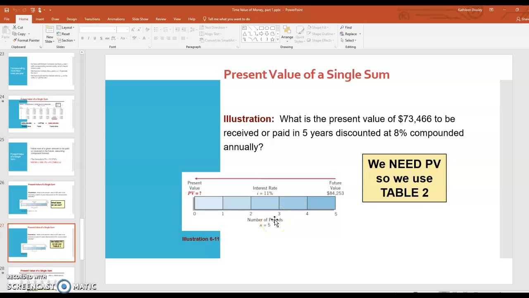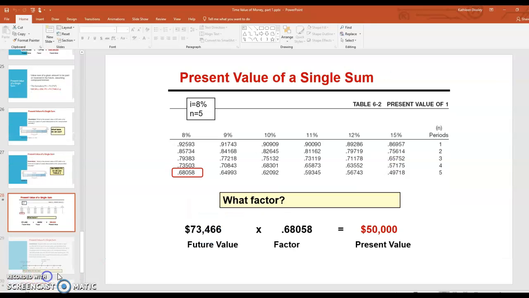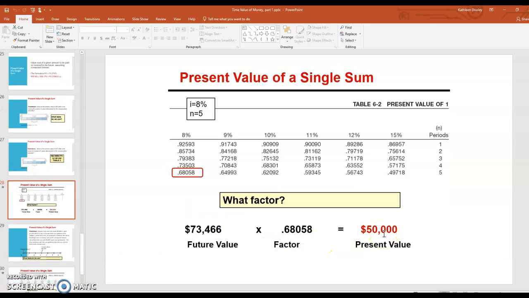Okay, that's the wrong slide. Okay, so here we have the table, and again we say present value equals the future value times table 2. So notice here we're in table 2.